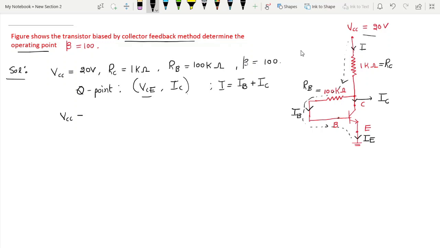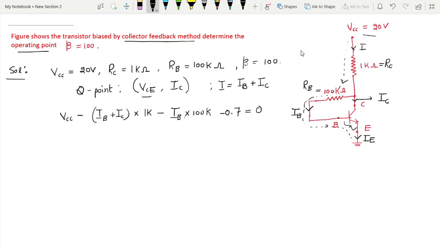So VCC minus the drop across this point, which is IB plus IC into 1K. Next, the drop across this is IB into 100K, minus the drop across VB, VB meaning 0.7, that is equal to 0.